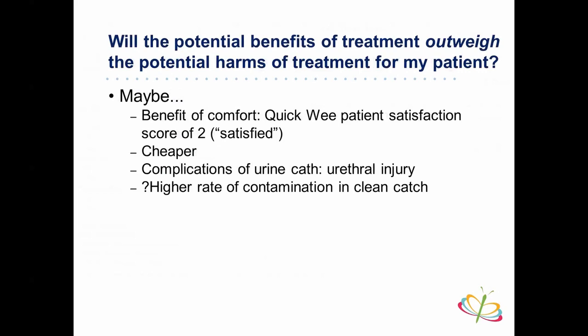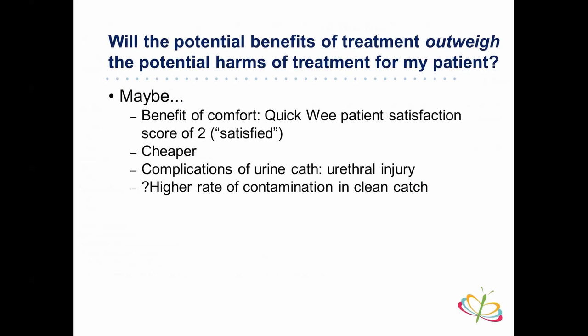So will the potential benefits of treatment outweigh the potential harms of treatment for my patient? Again, maybe. It's not as invasive, so there are benefits of comfort. Even though there is potential bias, with quick wee the patient satisfaction score was 2, which is satisfied, and it's also cheaper.